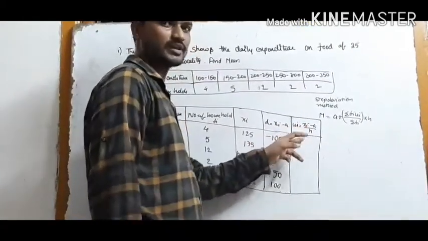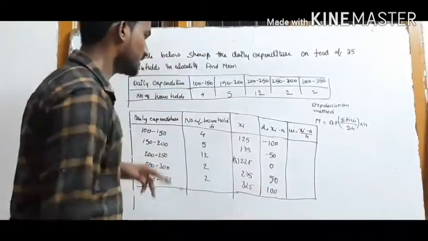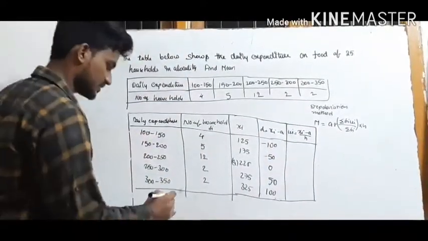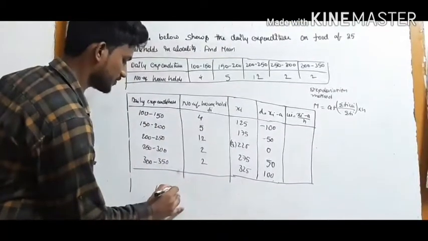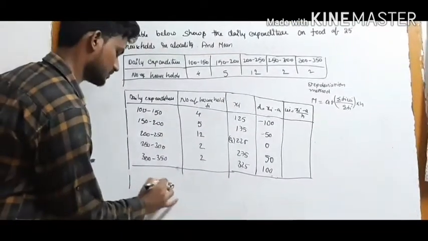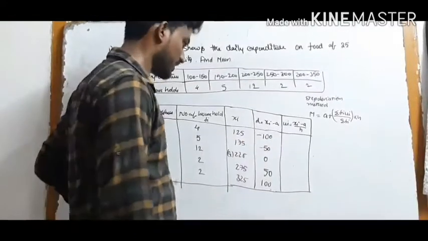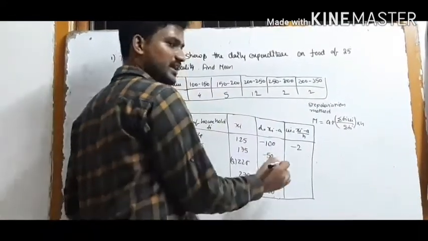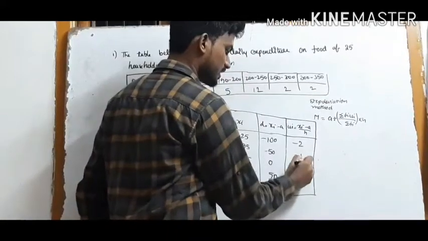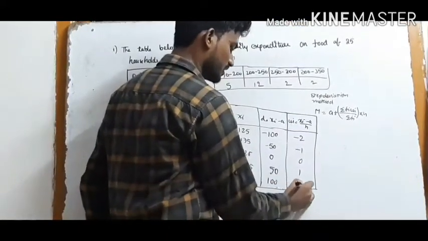Then xi minus a is minus 100. h is the class length, 100 to 150, that is 50. From this, minus 100 by 50 is minus 2, minus 50 by 50 is minus 1, 0, 50 by 50 is 1, 100 by 50 is 2.